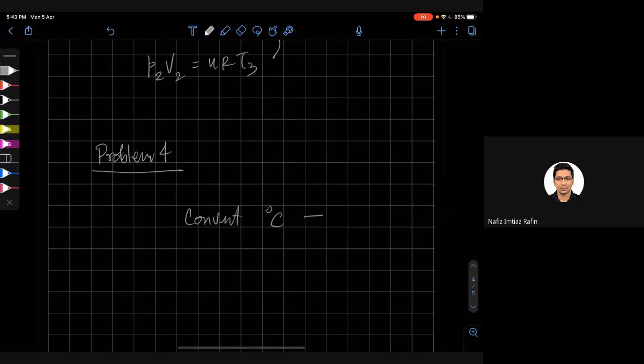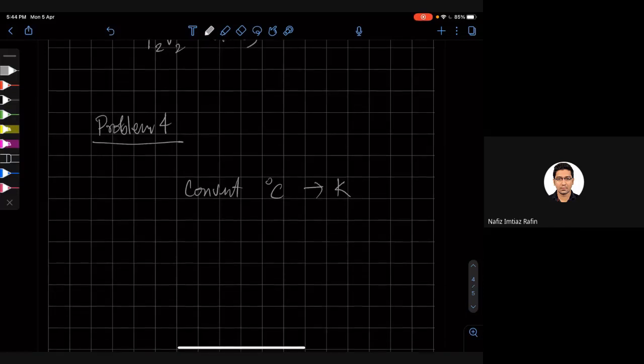centigrade to Kelvin. Okay, so I forgot to do that the first time I did it, and I didn't get the right answer. Isn't that kind of obvious in thermodynamics? Does it even matter? Because as we're calculating delta, minus 273 and plus 273 cancels out. Wait, yeah, it does matter, because if you're doing log of TF by TI, it will affect the integration as well.